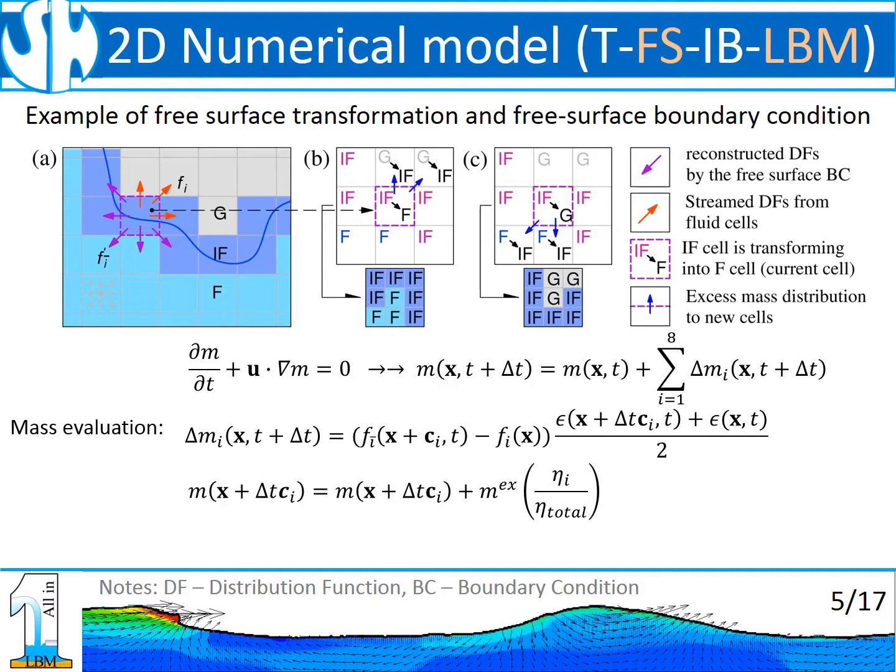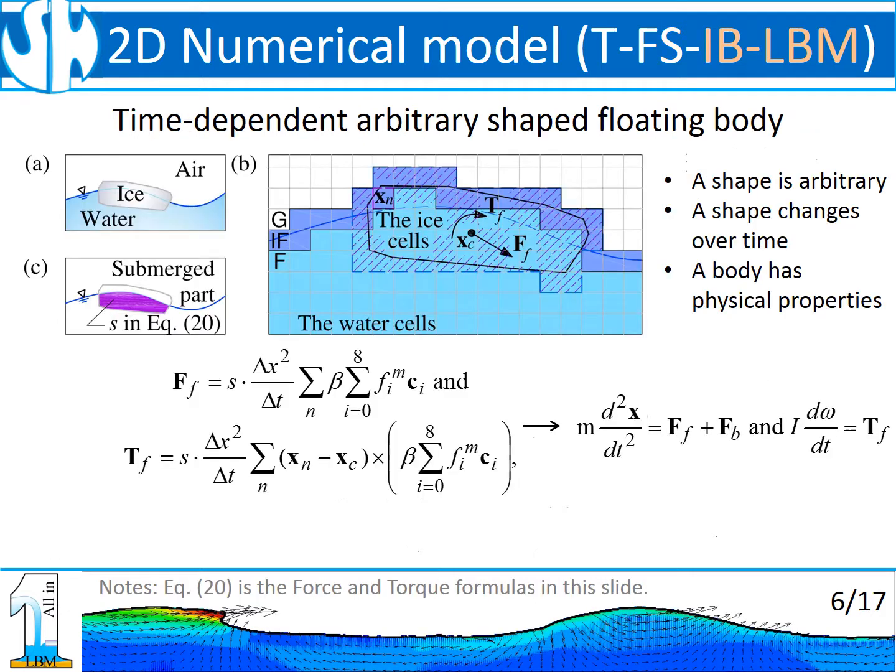The free surface lattice Boltzmann method is a single phase model, which means air is not considered, and it leaves the free surface boundary condition on interface cells. Generally, boundary conditions in the lattice Boltzmann method are always given by distribution functions.